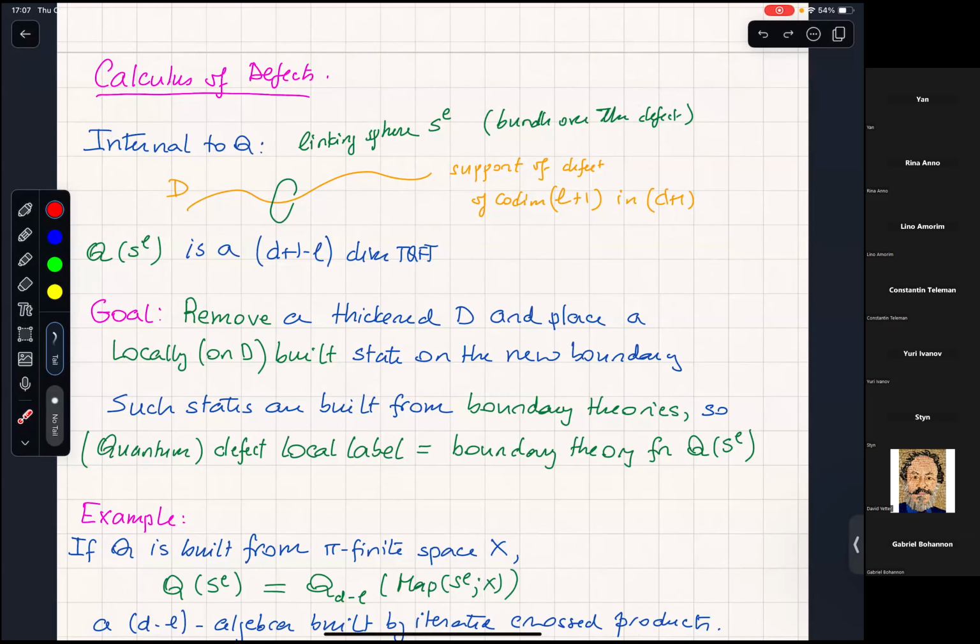But morally, this is a modification by a kind of Hecke operator corresponding to this defect, and you want to have a local formula. A Hecke operator, if you think of it as a point, is already not local necessarily.